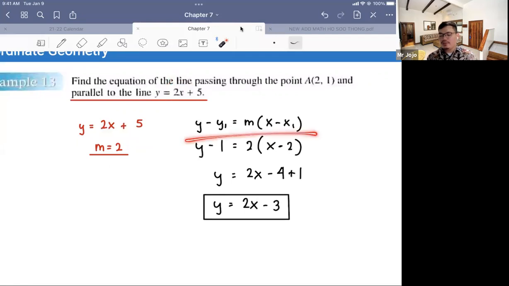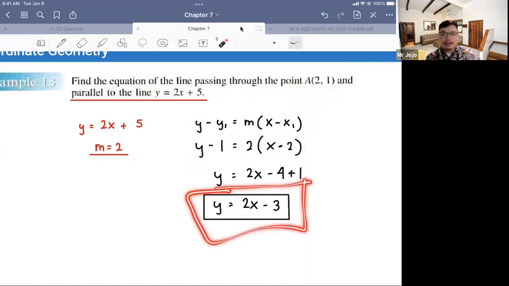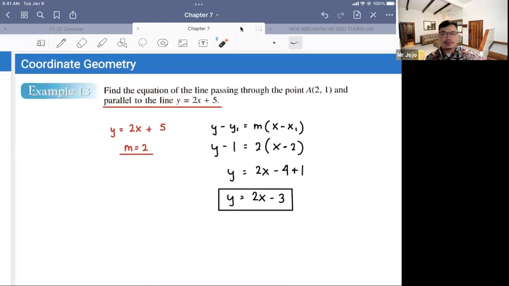So using the same formula, m is now 2 here, and then x sub 1 and y sub 1 are 2 and 1 respectively. So substituting all the values that you got, you'll end up with y equals 2x minus 3. All right, so that's your answer for this example. Any question, class?